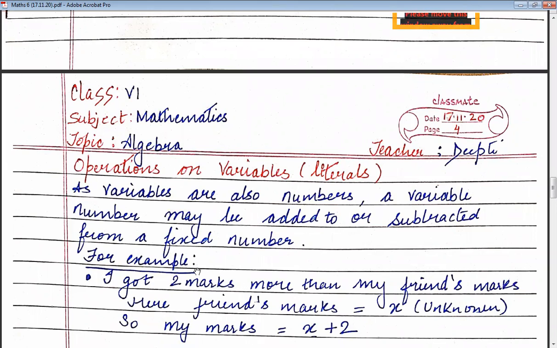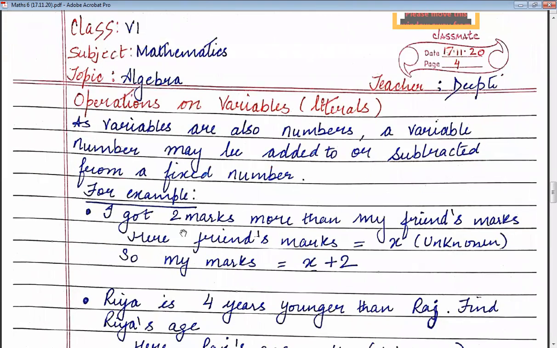Now children, here I got 2 marks more than my friend's marks. I repeat again, I got 2 marks more than my friend's marks. Here, my friend's marks is not given. I don't know how much marks my friend has got.